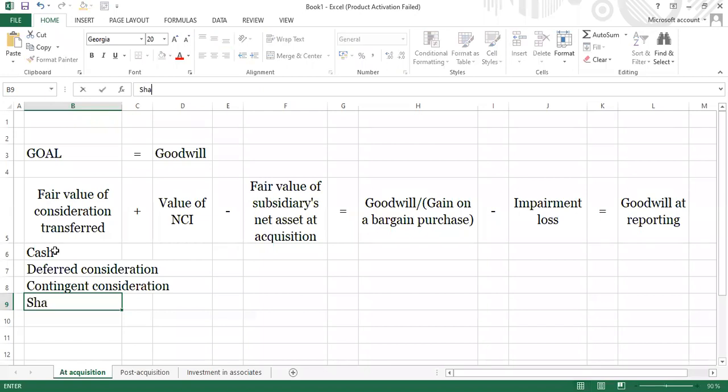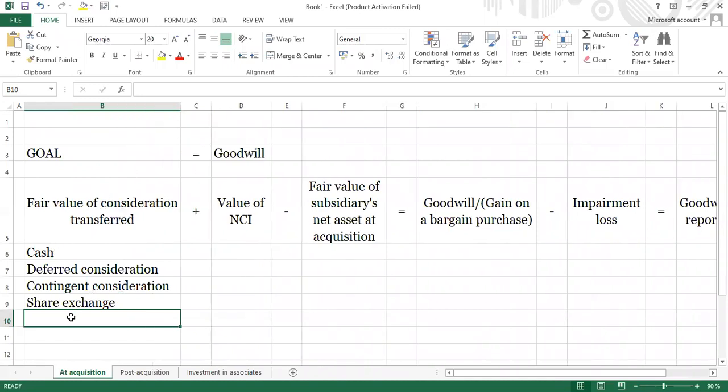We also have assets, so asset consideration too. Let's call it transfers of acquirers' assets. Then we have cash, the first one. We have a combination of cash and shares. We're just looking at it on a standalone basis.